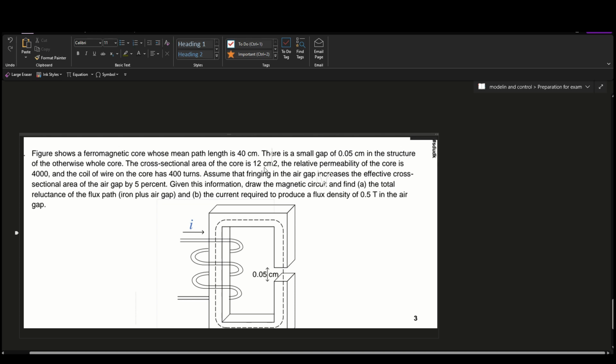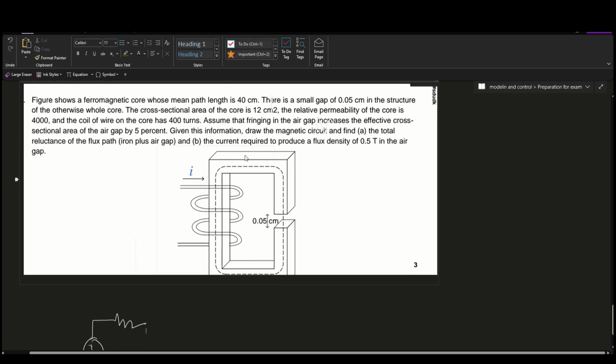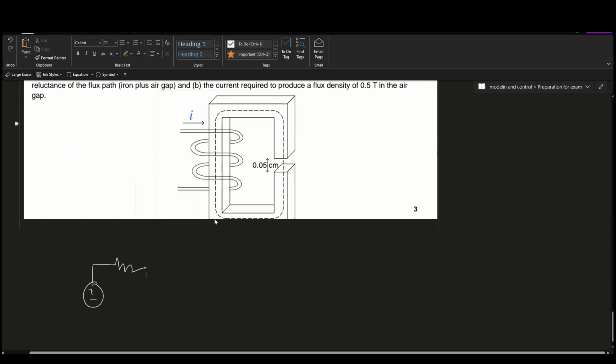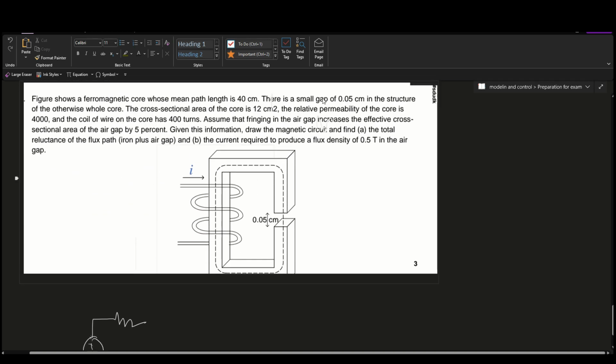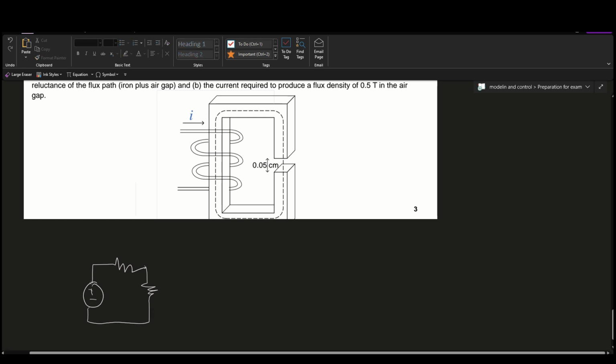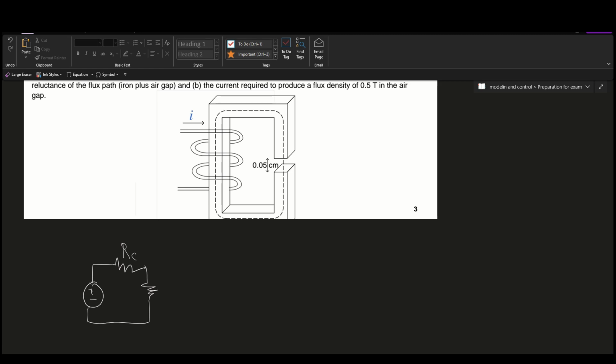Well, this is the cross-sectional area, I'm sorry. 14 centimeters is the mean path, so we can consider all of this just one reluctance with this path. And then we have another reluctance that is the air gap. I'm just going to call this RC for the reluctance of the core and RG for the reluctance of the air gap.